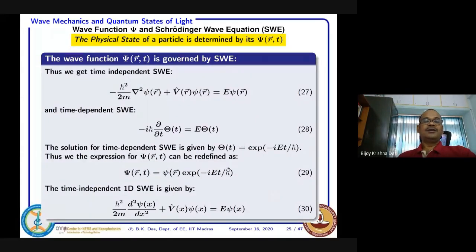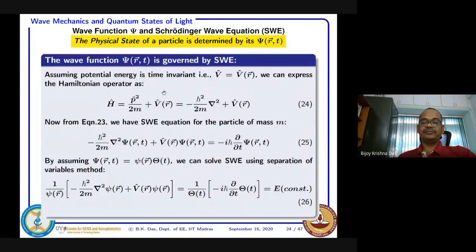what do we get? We get the time independent Schrodinger equation. How are we getting it? If you see the left hand side, there is no time. Psi(r) is there, V(r) is there, del square psi(r). So it is the time independent part. And this side is the time dependent part. If I write this one equal to E, then we call that the time independent Schrodinger equation.